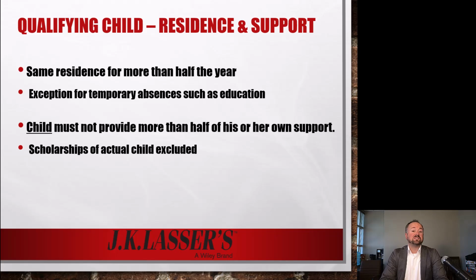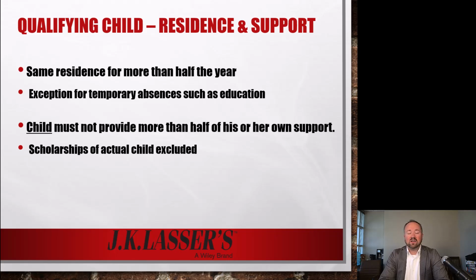The next test is the residence test. And in the residence test, you must be in the same residence as your potential dependent for more than half the year. So taxpayer and dependent must be in the same residence for more than half the year. What's more than half the year? Not half exactly, more than half.